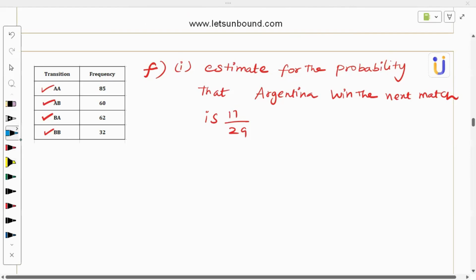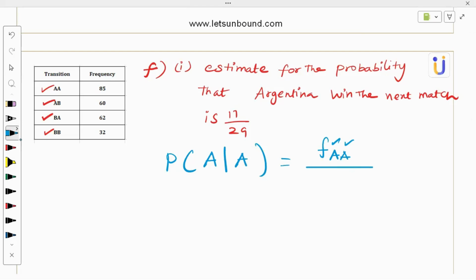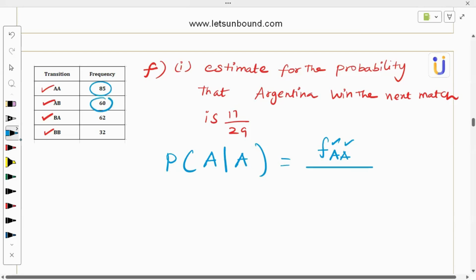A means Argentina won, B means Argentina did not win. So this is the probability. It's quite simple. Frequency of Argentina winning in both matches, they win in the previous one also. That is what I am looking for. So what are the possible outcomes? They win in the first match, and the second. In both, Argentina won first and the rest is different.